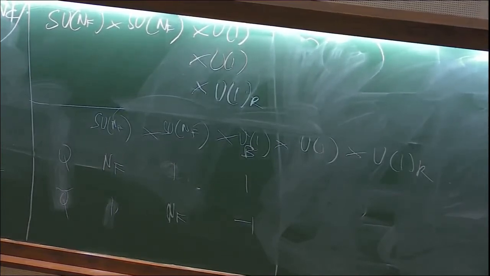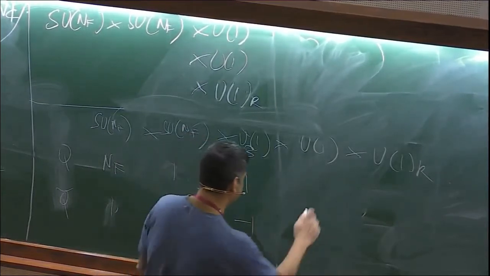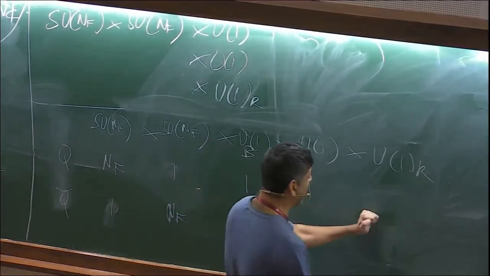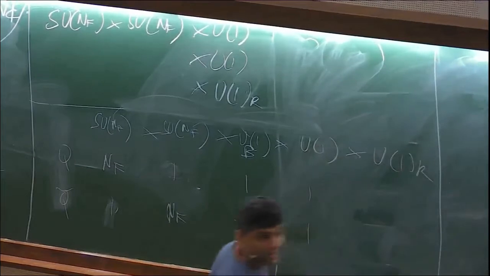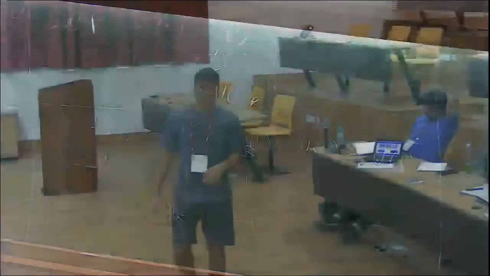The other one that I'm going to look at is this U(1), the U(1) axial. That's the other linear combination, (1, 1). Now, there's this business about the R symmetry, which I'm postponing till we have the following discussion. So far what I've written down are symmetries of the classical problem.